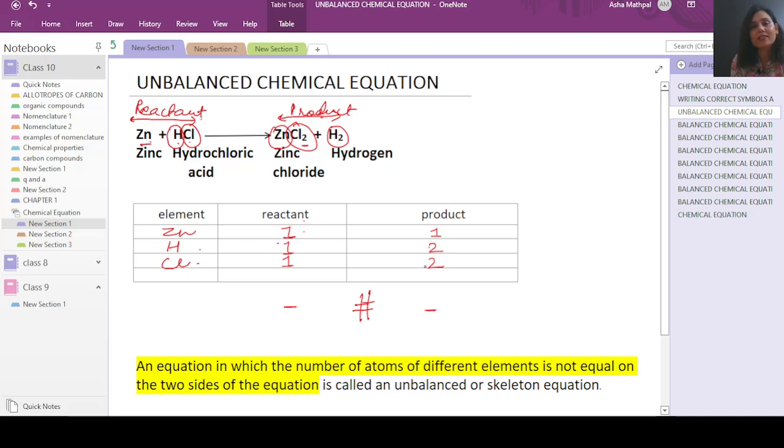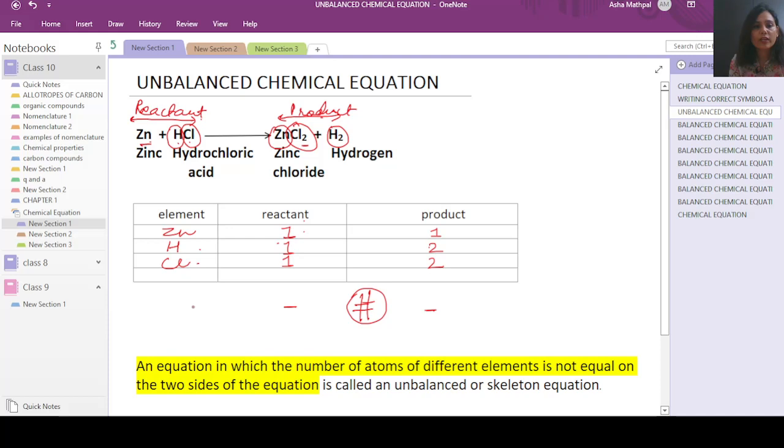So H and Cl are not balanced, that is the number of atoms of H and Cl are not balanced between the product and the reactant. So this is an unbalanced chemical equation. They are not equal, it means that they are not balanced, so it becomes an unbalanced chemical equation.